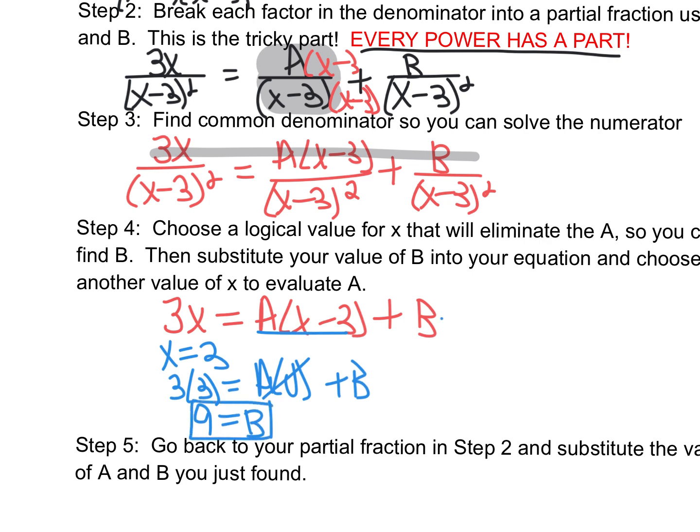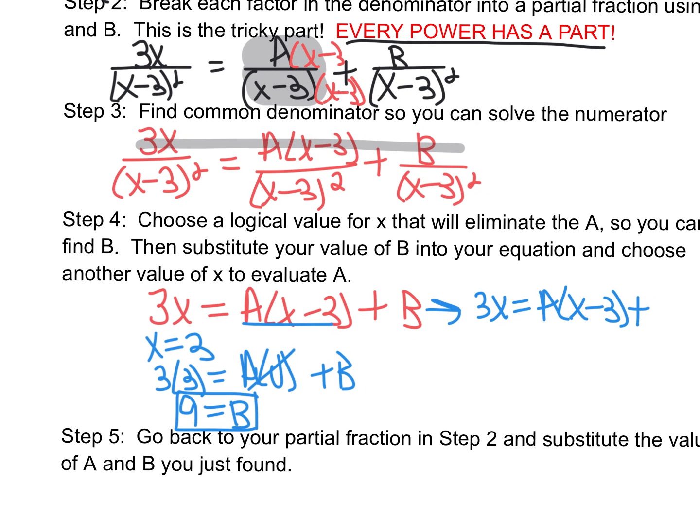So let's go back here, take our equation, 3x equals a times x minus 3 plus b, which is 9. And this time, we can choose any value that we want. We've already used x equals 3, so we can use whatever value we want. I'm going to choose to use x equals 4. Again, it doesn't matter at this step what value you choose.